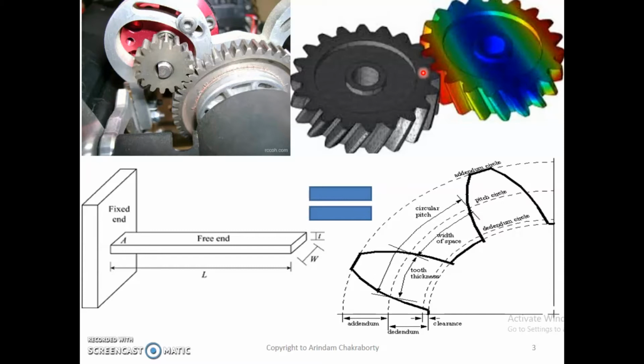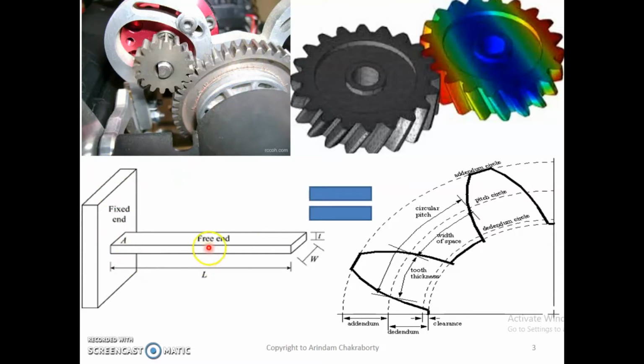Now this is our cantilever beam. Why have we come directly to the cantilever beam? Why not other beams? Because the cantilever beam can mimic the teeth of any gear. Let us understand the basics of the cantilever beam.